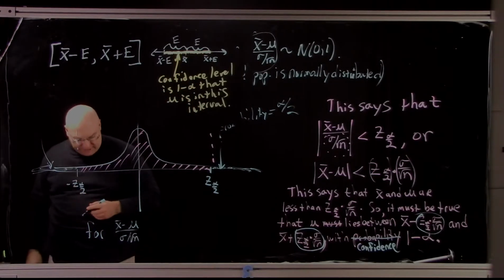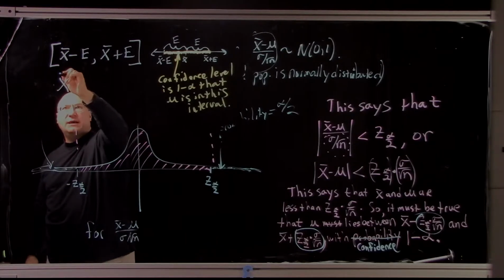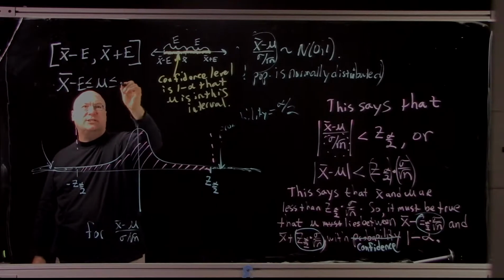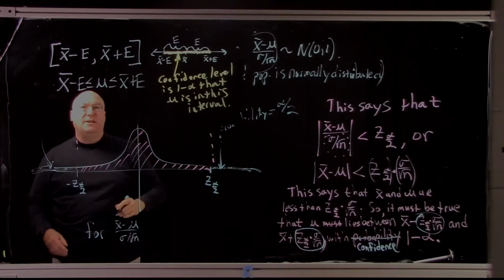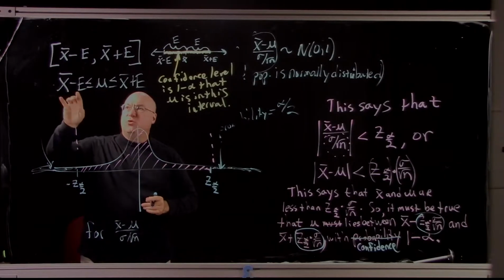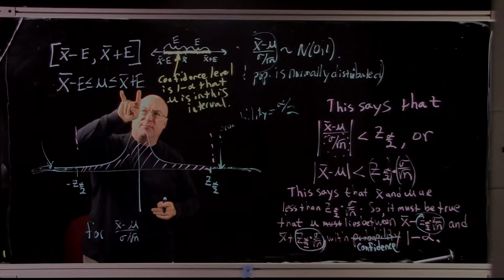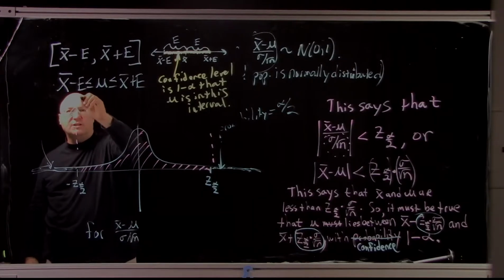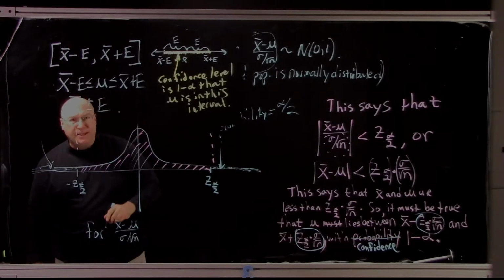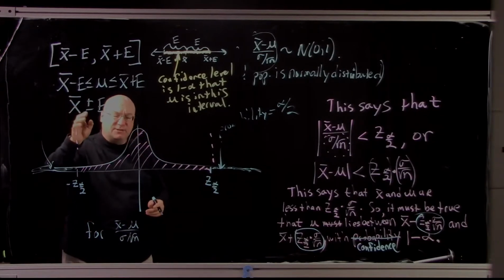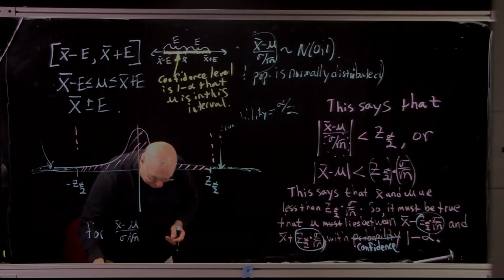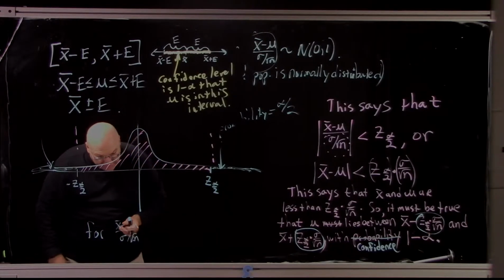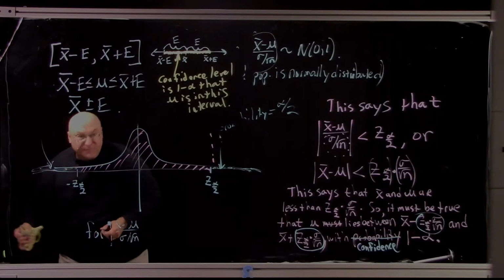Another way to write it, which some books like, is x bar minus E is less than or equal to mu, which is less than or equal to x bar plus E. This says that mu is between this lower number, x bar minus E, and this upper number, x bar plus E. And another way to write it, which is maybe even nicer, is just x bar plus or minus E. That's understood to mean everything in between x bar minus E and x bar plus E. And I think I have here some quick examples.